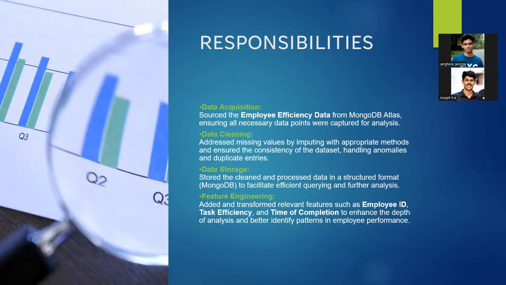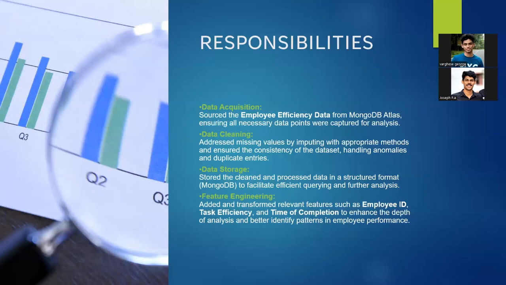We stored our data in MongoDB, which is a NoSQL system. And in feature engineering, we added and transformed relevant features such as employee ID, task efficiency, and time of completion to enhance the depth of analysis.